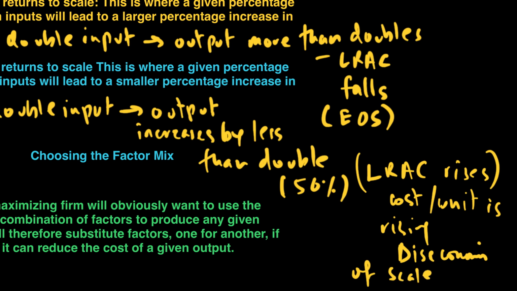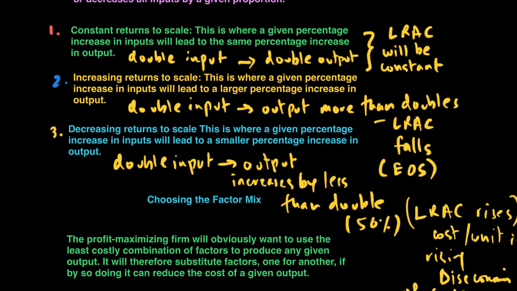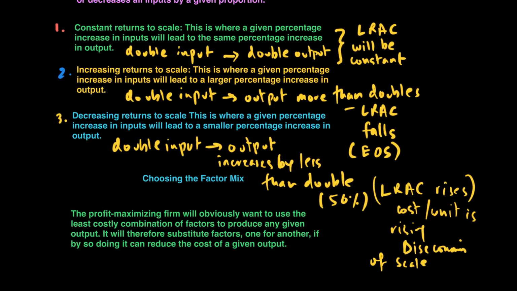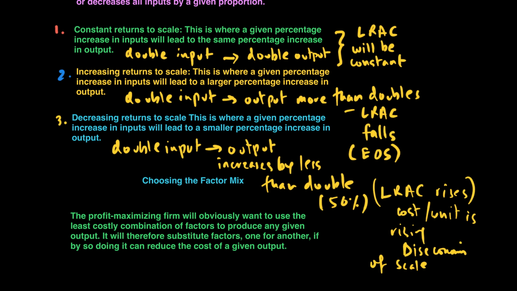Now, if I quickly recap what we've done, three scenarios can come about when you are doubling your input. For example, when you double input, your output also doubles. That's where LRAC is constant, which is what we call constant returns to scale. Or you double your inputs and output more than doubles. This is where basically cost per unit will be falling, and that's where LRAC falls.